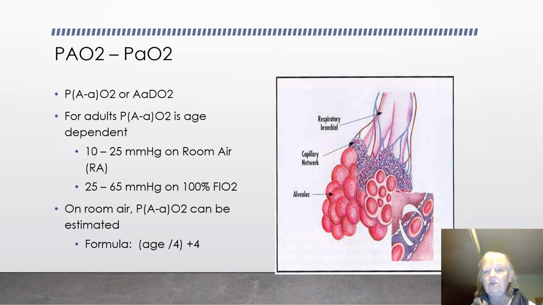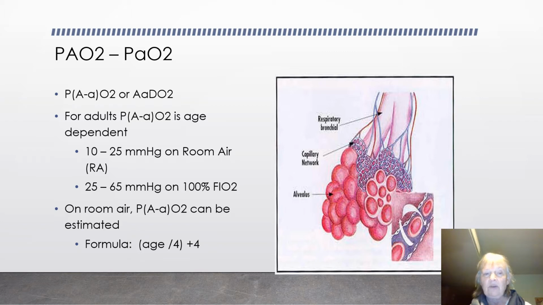One of the things that you probably remember from pulmonary A&P is that as we age, our lungs become a little bit more saggy-baggy. We start to have some problems with them. And so as a result of that, the amount of oxygen that diffuses across the alveolar capillary membrane actually decreases, okay? However, the norm for the most part is like 10 to 25 millimeters of mercury on room air.